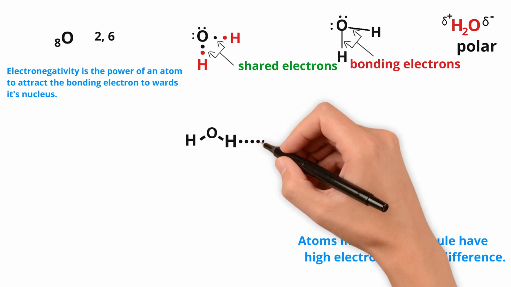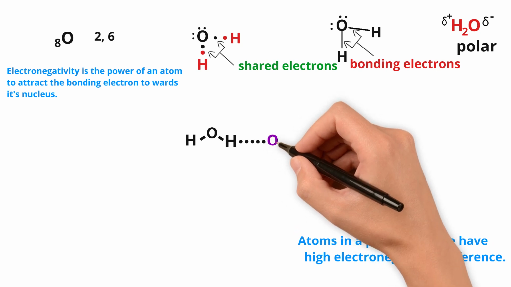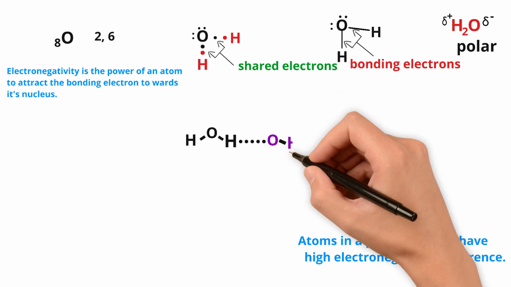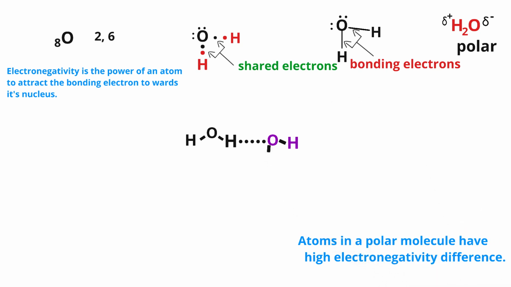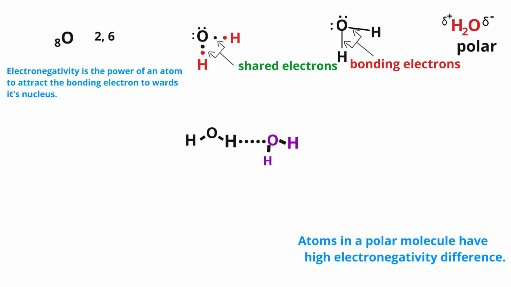We call it the intermolecular force that exists between two water molecules. As I told you, hydrogen carries a partially positive charge and oxygen carries a partially negative charge. Therefore, these two partial charges attract each other by intermolecular force.